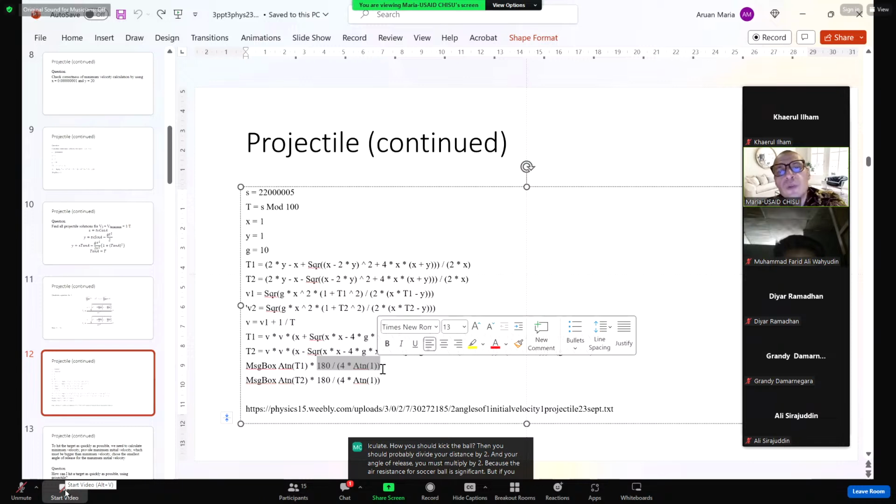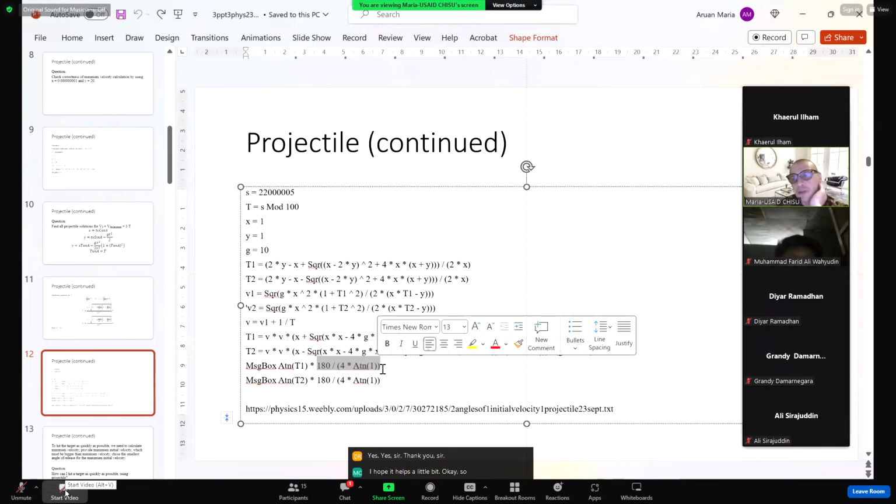But if you shoot a bullet, then you don't really need to change very much. These equations are accurate and precise. Does it help? Yes, sir. Thank you, sir. I hope it helps a little bit.